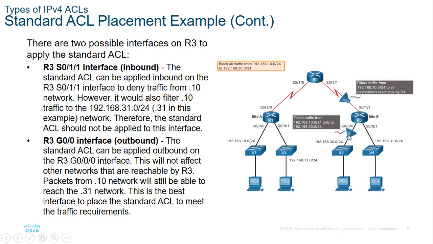And then on R3, the standard ACL can be applied outbound on the R3 interface. It will not affect other networks that are reachable by R3. Packets from the 10 network will be able to reach the 31 network. This is the best interface to place a standard ACL to meet traffic requirements based on what you're trying to do here.